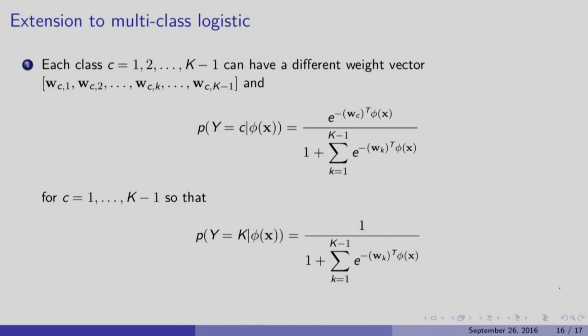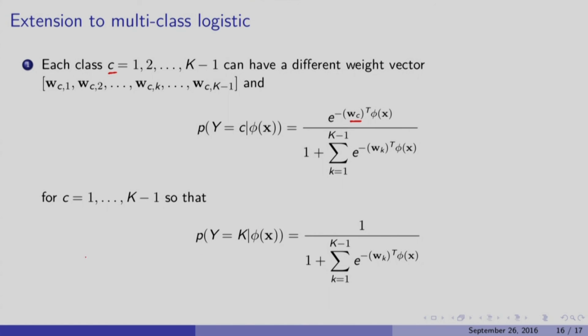One can also extend logistic regression to multiple classes. One way you can do that is to have a different weight vector for each class. So Wc is a weight vector for class c, which could be either of 1 or 2 up to k minus 1. You can do that for all the k minus 1 classes, and to ensure that there is normalization, you get the probability of the kth class as 1 divided by 1 plus the same denominator, where the numerator is 1.